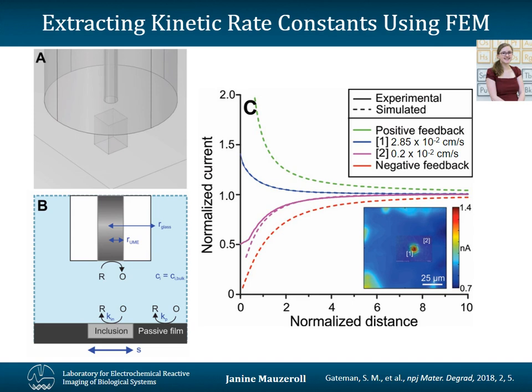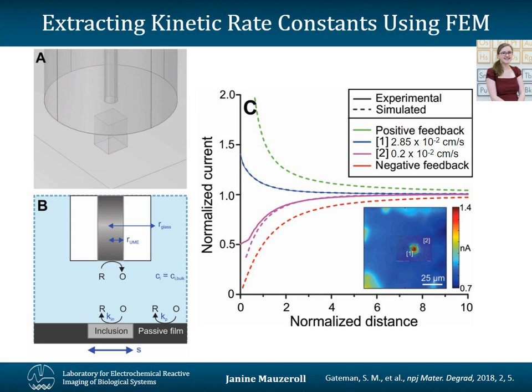On panel B, you see you have the microelectrode. And at the bottom, you have the inclusion in light gray that's embedded in the dark passive film. And the rate at which the electron transfer is going to occur at the inclusion site or the passive film is not going to be the same. And so we should be able to observe this contrast by carrying out approach curves.